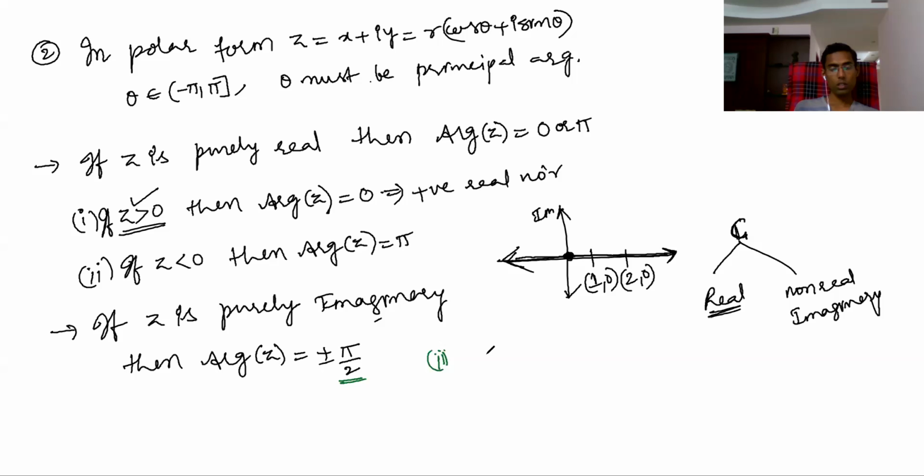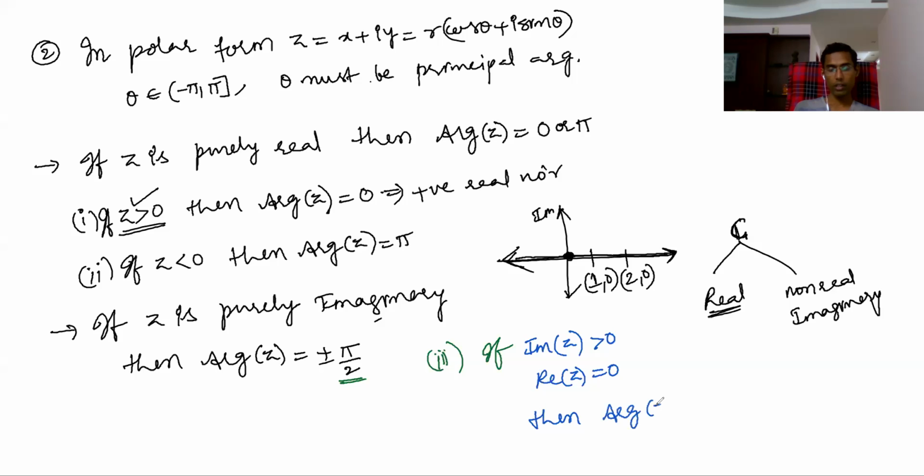What are the two cases? If the imaginary part of z is greater than 0 and the real part of z is equal to 0, then what will happen?